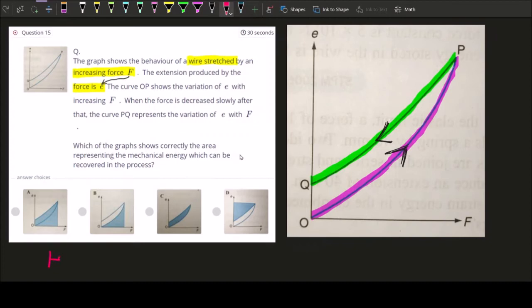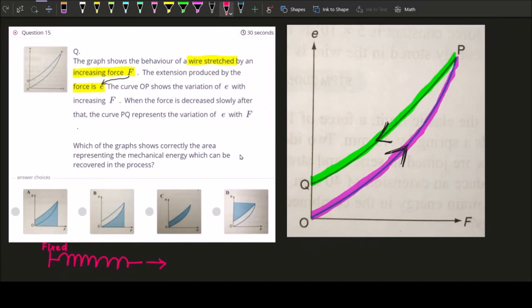If you have a spring and you stretch this spring and fix this position here, essentially the energy you use to stretch this spring will be stored in this spring here.